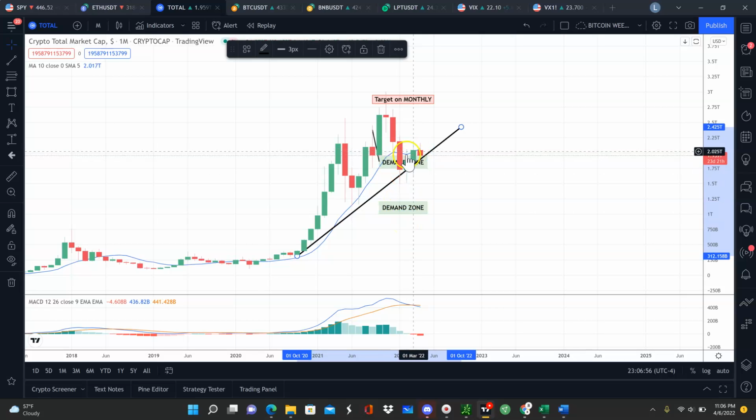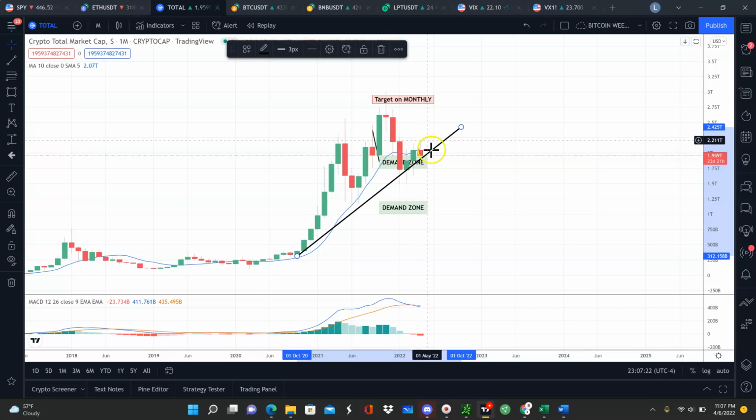Ever since crypto total market cap dropped below the 10 period moving average back in January, it has failed every attempt at getting above it. So far this month, and it's still early, that remains to be the case. So again, be watching that level to the upside.